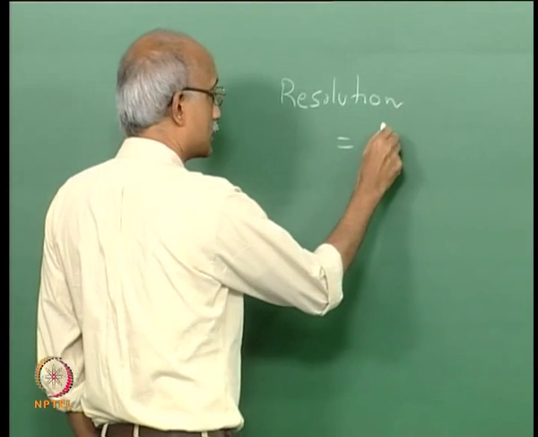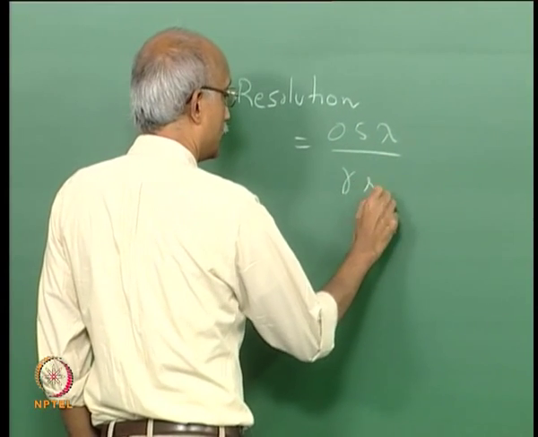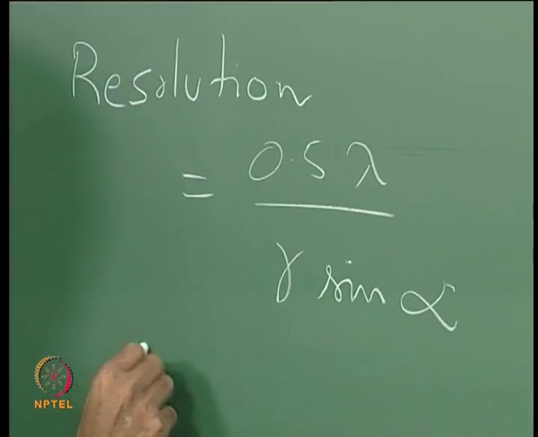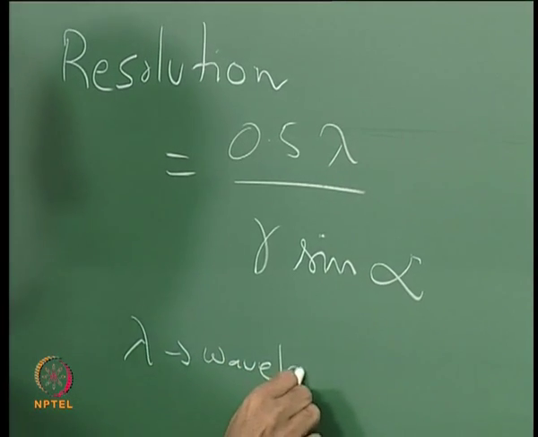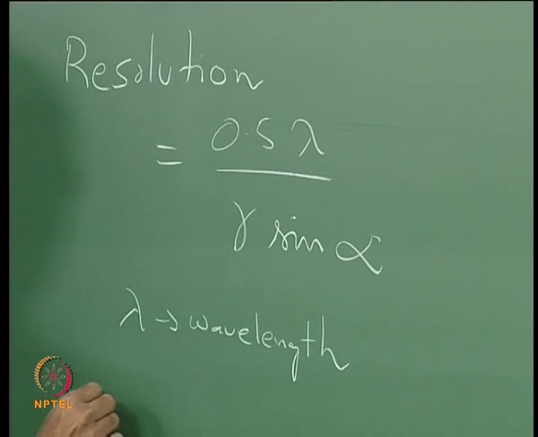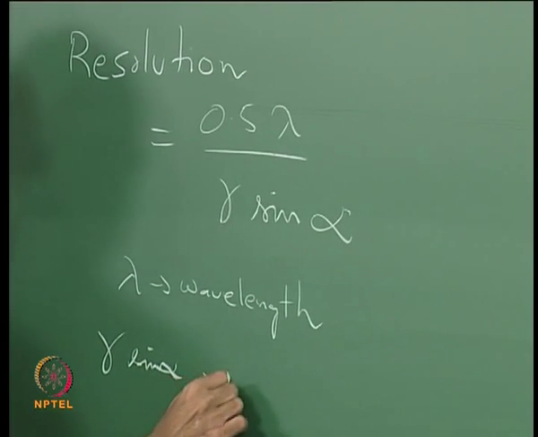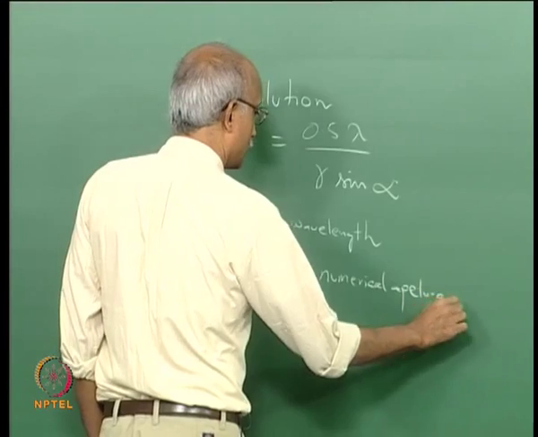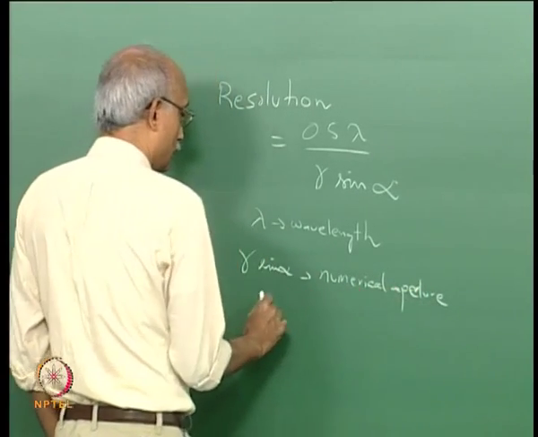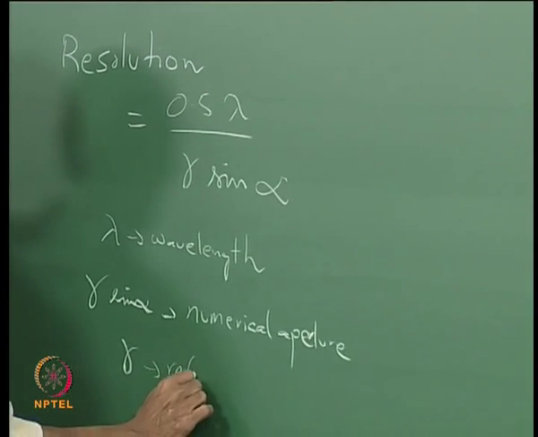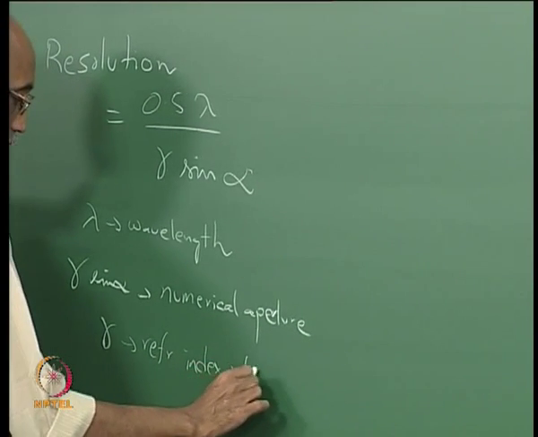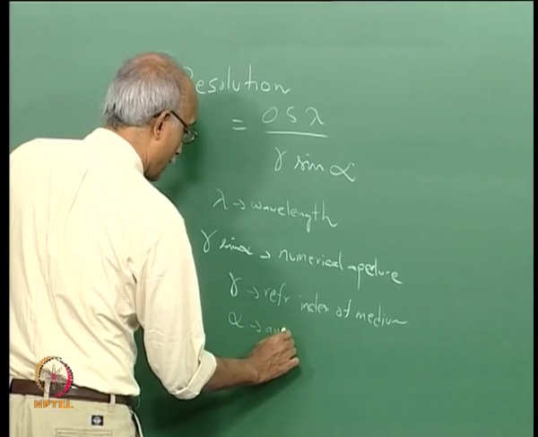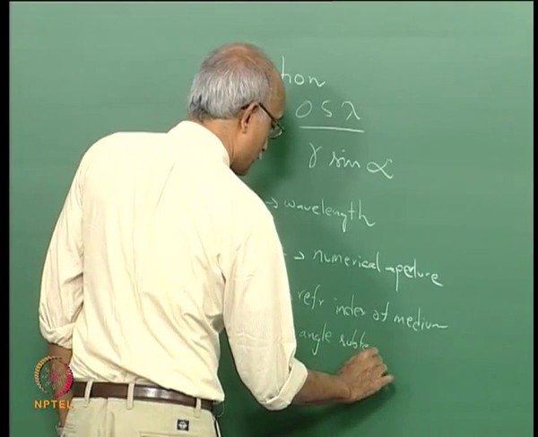Resolution is given as 0.5 lambda over gamma sin alpha, where lambda is the wavelength of the optic light, the denominator gamma sin alpha is termed the numerical aperture, and gamma is the refractive index of the medium, and alpha is the angle subtended at the lens.